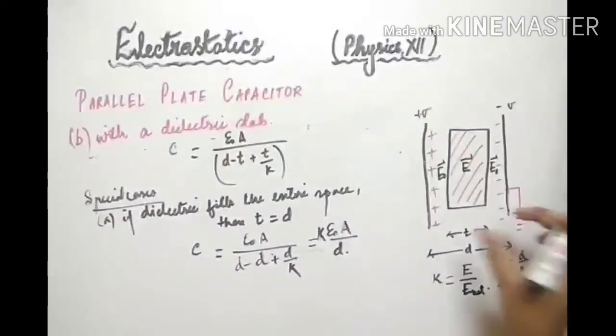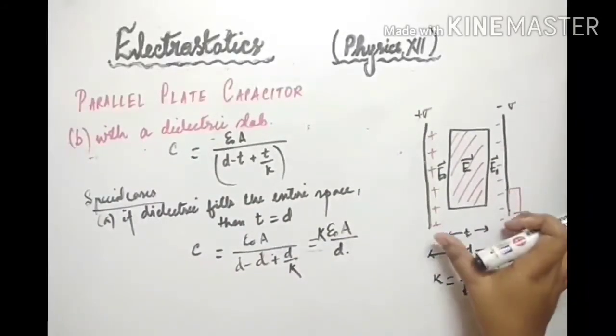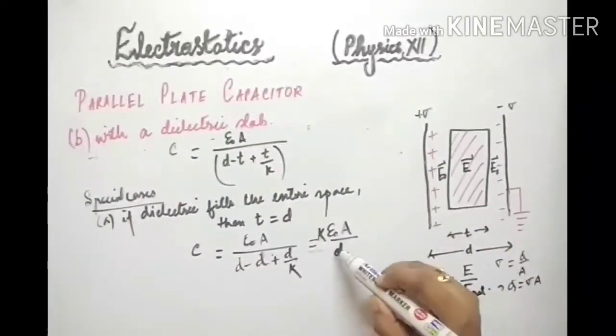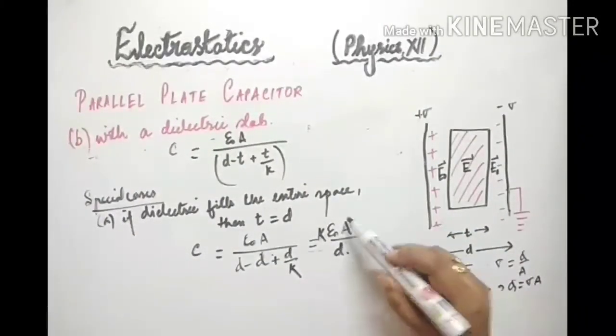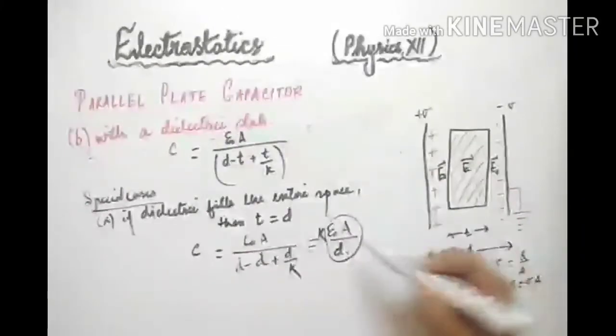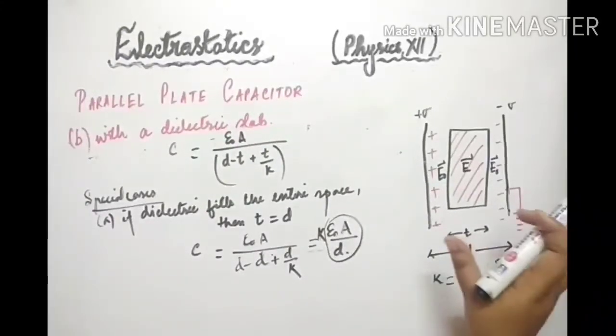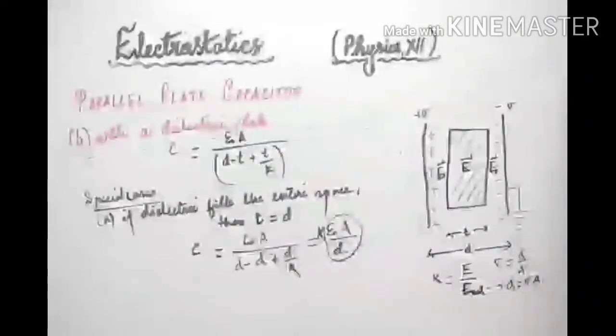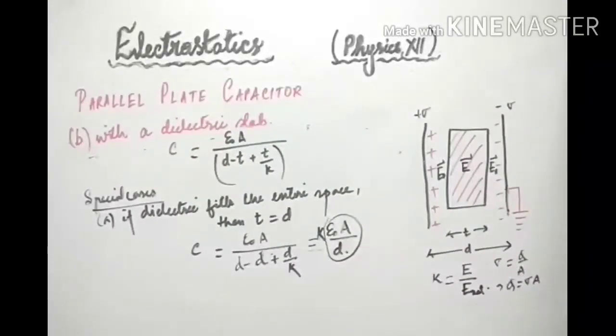But here, when the dielectric fills up the total space between the plates, we get K times that value. That is, your capacitance increases when you fill the space with dielectric. How much does it increase? K times. So again, very important. A 1 mark question may also come from only this part.